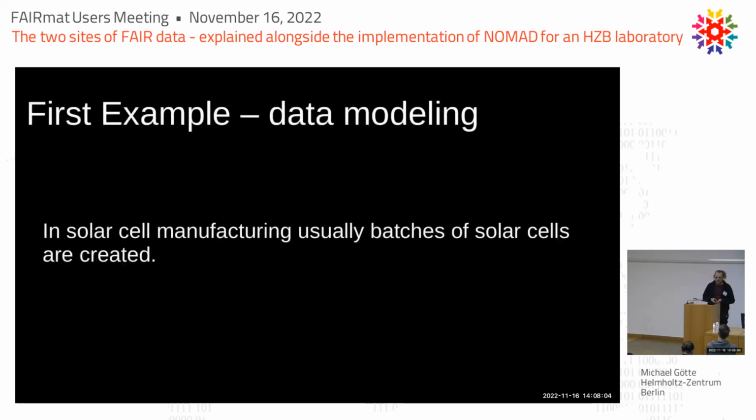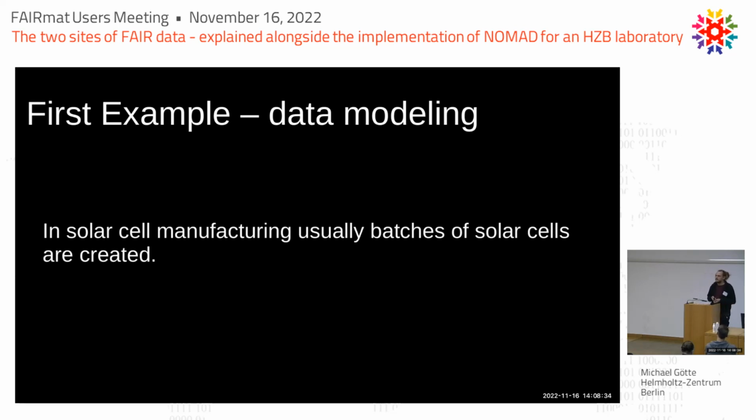My first example is just to highlight an understanding regarding how material data should be stored. If you come from the perspective that you have one material, and this material has certain properties and measurements, and you want to look at the data of this material solely, then you might run into practical problems when you consider what actually happens in the lab.